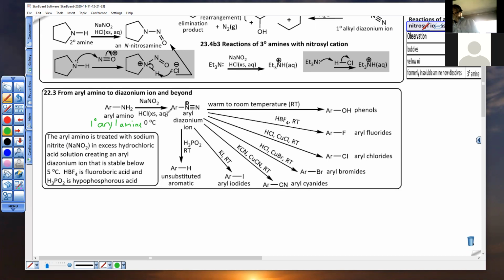React with the water present here to generate a phenol at room temperature, fluoroboric acid at room temperature to generate an aryl fluoride, copper 1 chloride and HCl at room temperature to generate an aryl chloride, copper 1 bromide, HCl room temperature to generate an aryl bromide, potassium cyanide, copper 1 cyanide room temperature, aryl cyanide, potassium iodide room temperature to generate an aryl iodide, and hypophosphorus acid, one less O than phosphorous acid, and it generates an unsubstituted aromatic. And we even saw when that was useful.